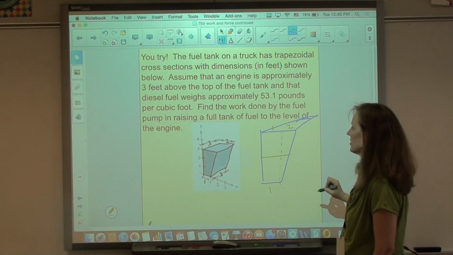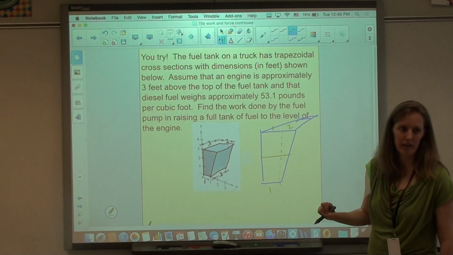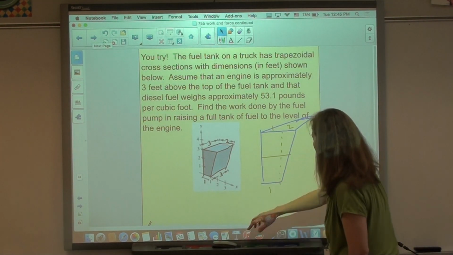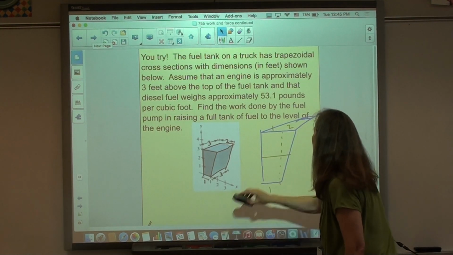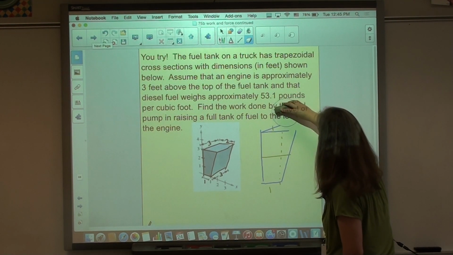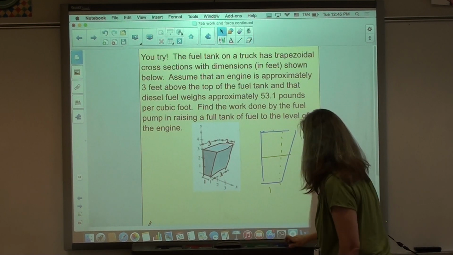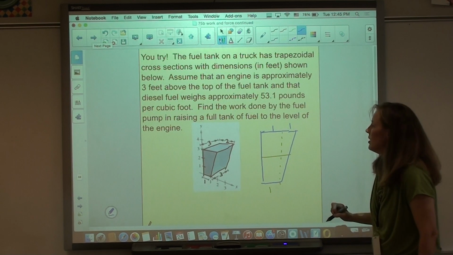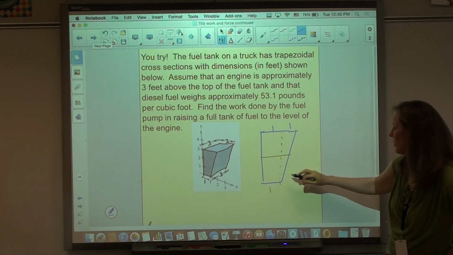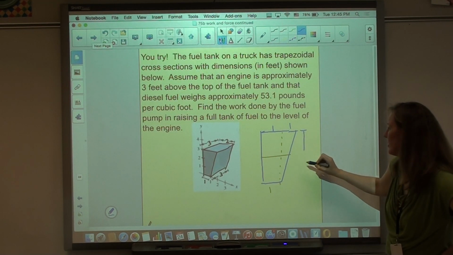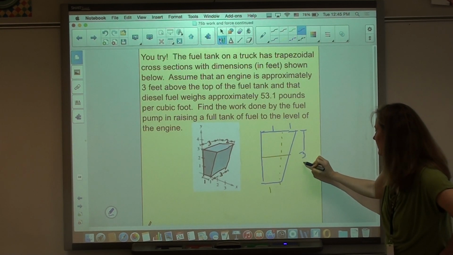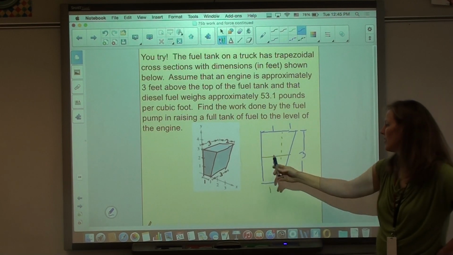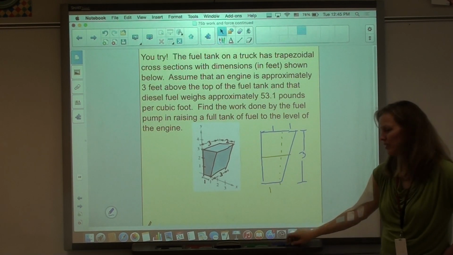This here, from here to here, has a length of also 1. The total length is 2. And the height of the whole thing is 3. So your job right now is to find a way of figuring out that width in terms of y.